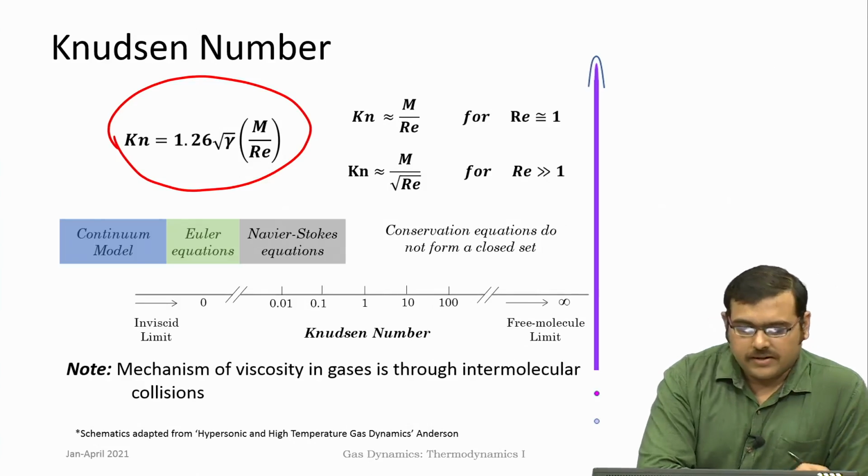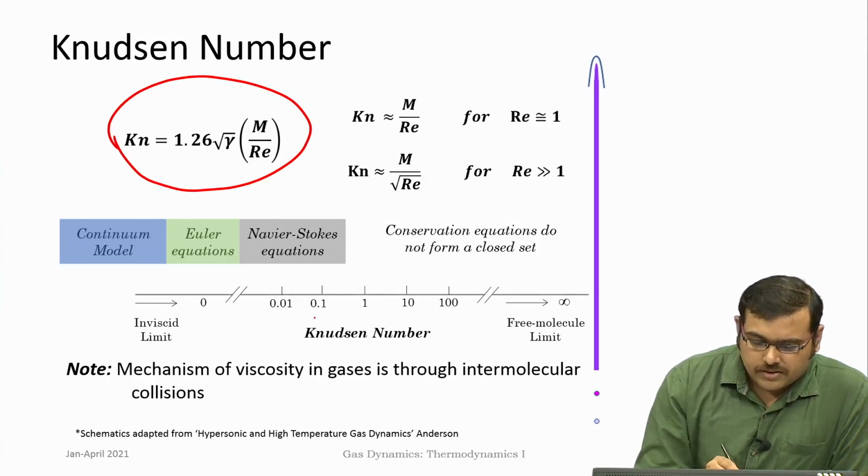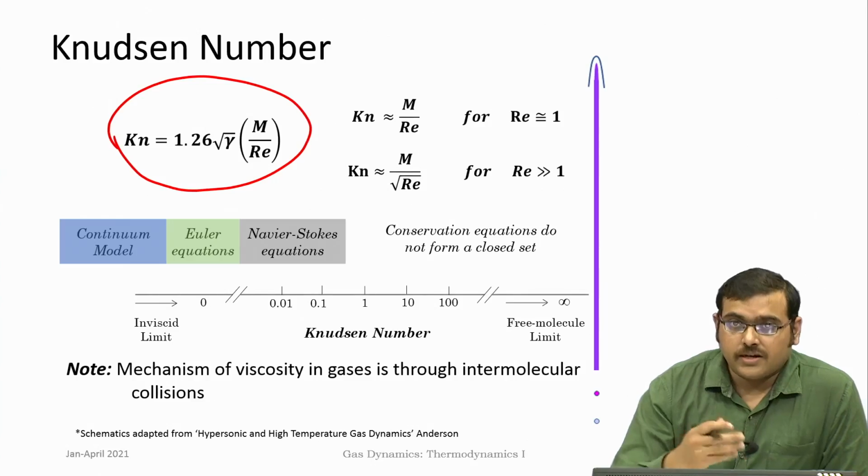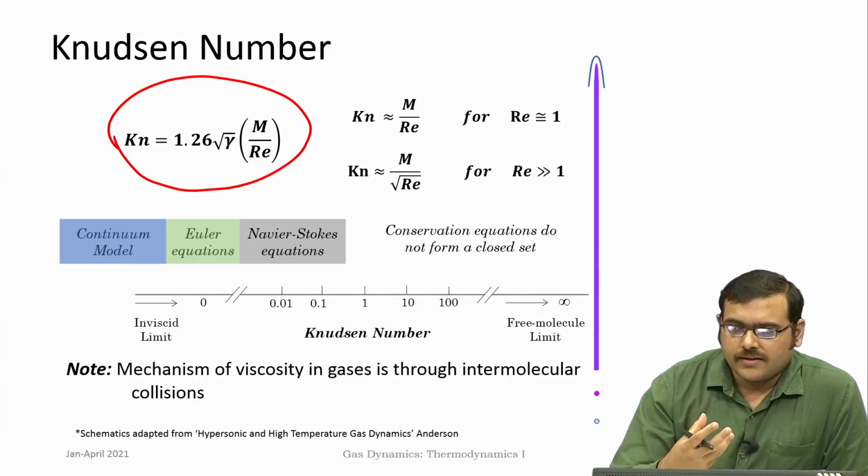Generally, when Knudsen numbers are small, of course when we are considering continuum, what we are saying is that the small volume we have considered for analysis, the control volume, is large enough to contain a large number of molecules. That means the molecular mean free path must be much less than the typical length scale being considered.